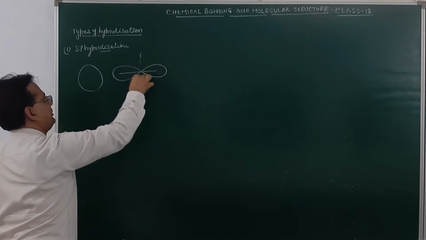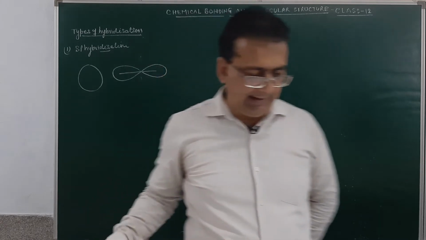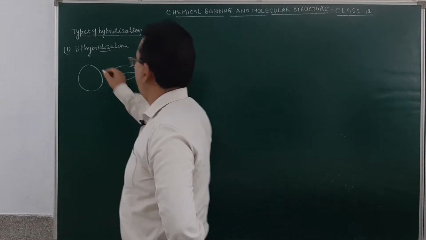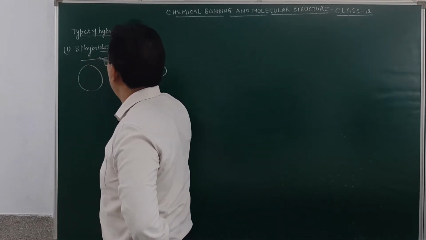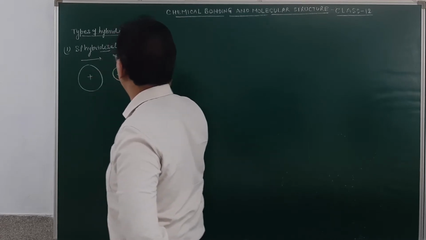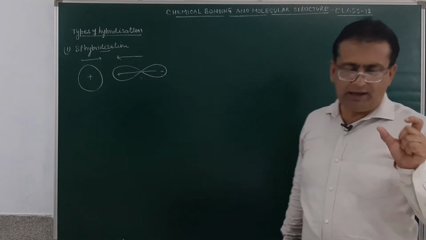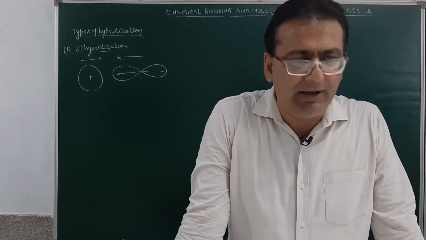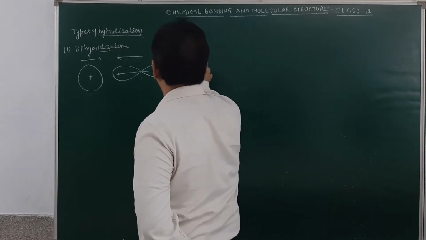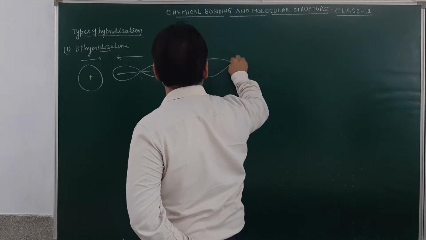When one half filled s and one half filled p atomic orbital approach each other in such a manner that mixing of the atomic orbitals takes place, the hybrid orbital so formed will be called an sp hybrid orbital.